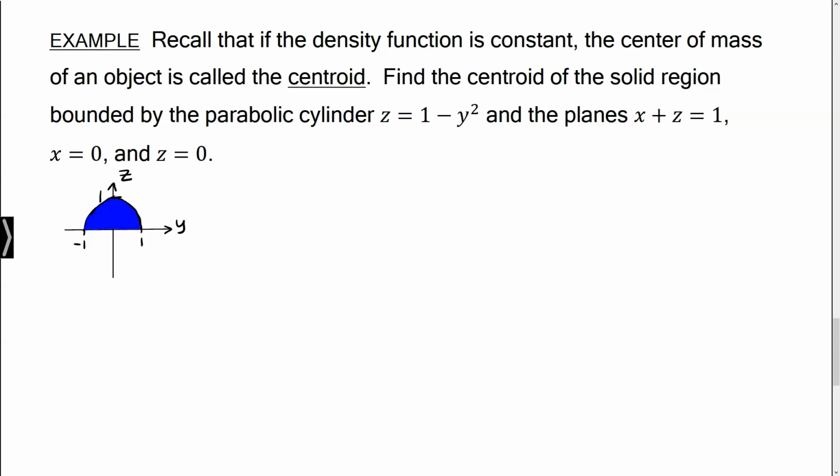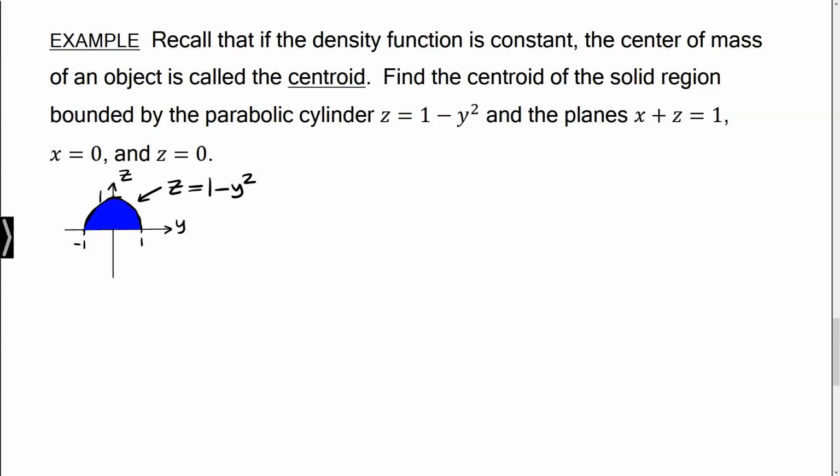Okay, very good. Now you have a choice about which order to take these, and I think one of the choices is clearly better than the other here. This is the equation of this curve. When you hold x equal to 0, you get z equals 1 minus y squared. This is just where the cylinder intersects the yz plane, and since it doesn't depend on x, it's just z equals 1 minus y squared.